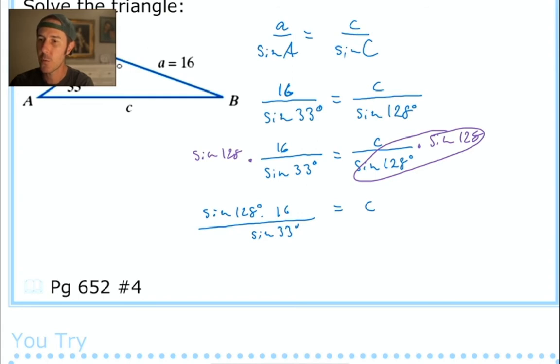And I got an answer of 23.14959. So I'm going to round it to 23.15, I think. So that's my c value.